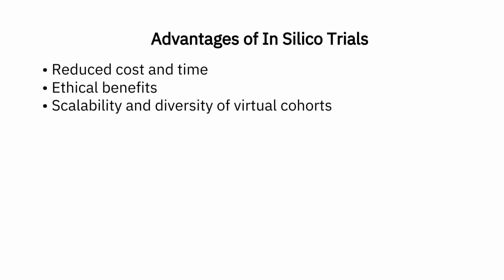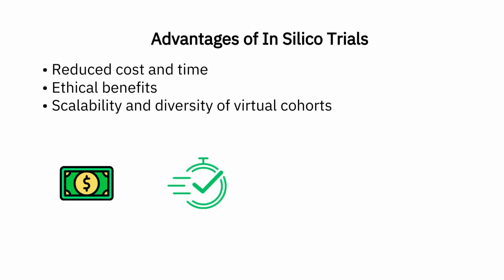Let's talk about the benefits in a bit more detail. The most obvious advantage is cost. Running a virtual trial costs a fraction of a real-world one. And speed. What could take years in traditional settings might take weeks or even days in silico. There are also strong ethical benefits. By relying less on animal testing and reducing the number of human participants in early, high-risk phases, we can make research more humane and ethically sound.